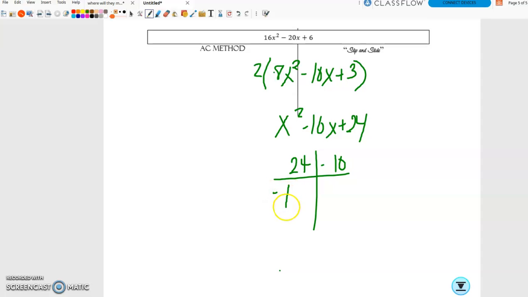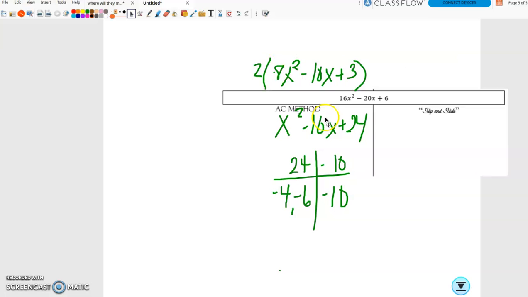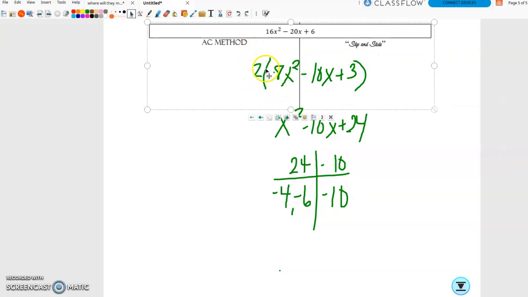So for this one, we're looking at a negative 4 and a negative 6, which gives us negative 10. If you're not able to look at that directly and figure out that that's 4 and 6, just remember to work through the steps and find all of the factors of 24. Let's see if it's going to let me make that part that I just wrote a little bit smaller.